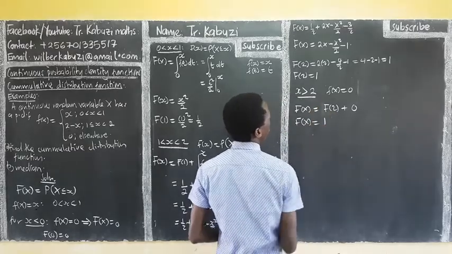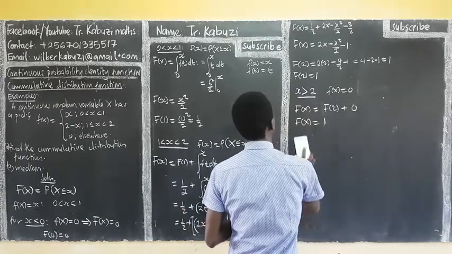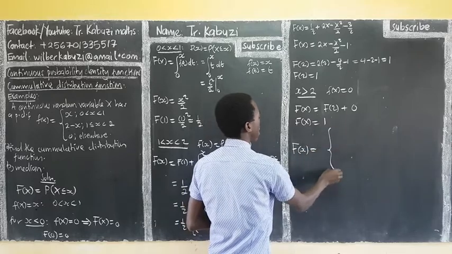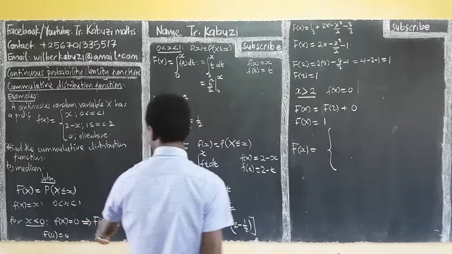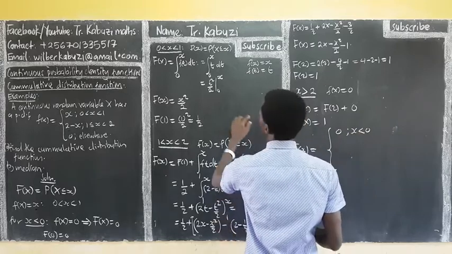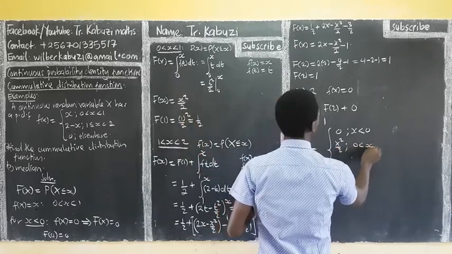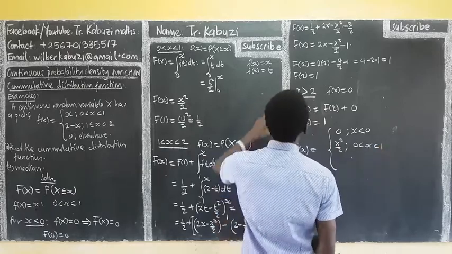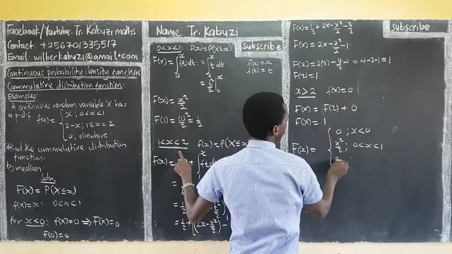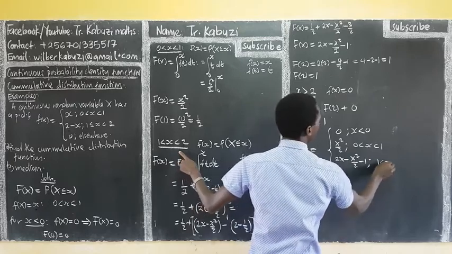So that's it now. Writing the whole CDF, capital F of x, it is going to be, for the first, below 0 for x, it was 0, then it was x squared over 2 for less than 1, then for this interval, it was 2x minus x squared over 2 minus 1 for the interval 1 to 2.